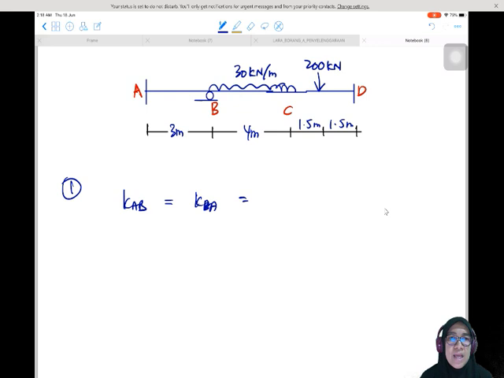Since AB's far end, A, is fixed, we will use 4EI divided by L. So this is equal to 4 divided by 3, which is 1.333.